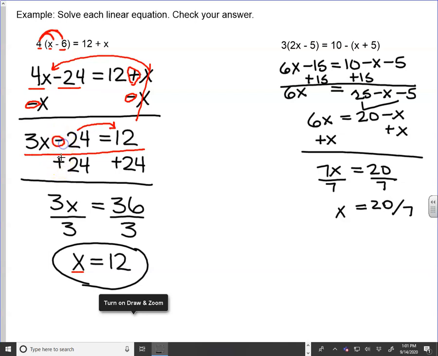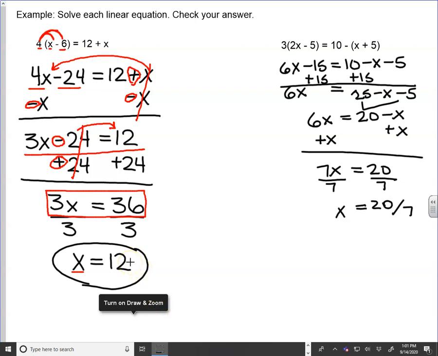Here I'm subtracting, so I'm going to add 24 to both sides. Over here, I'm doing that just so it'll cancel out. Over here, 12 plus 24 gives me 36. So now I have 3x equals 36. And so again, I want x by itself, so I'm going to divide both sides by 3, and I end up with x equals 12.